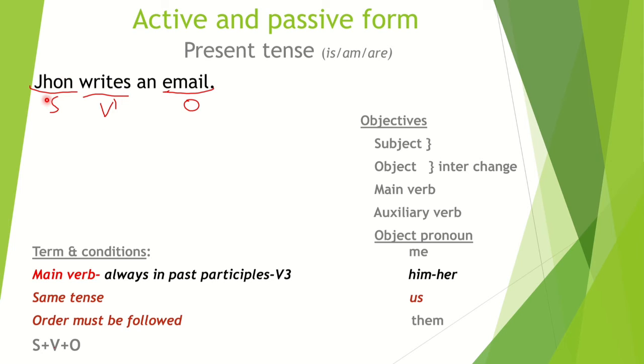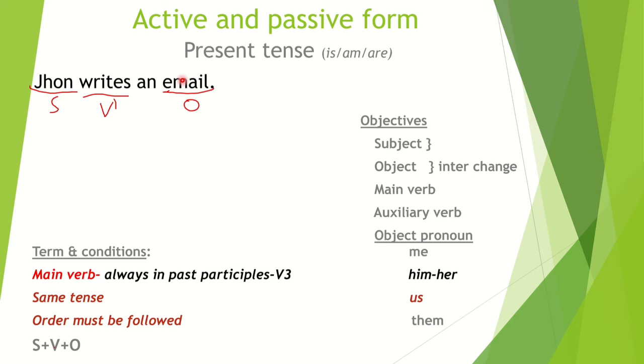So, John is the subject and writes. Obviously, do you know action is the verb, isn't it? And our object is on which the action is done upon.